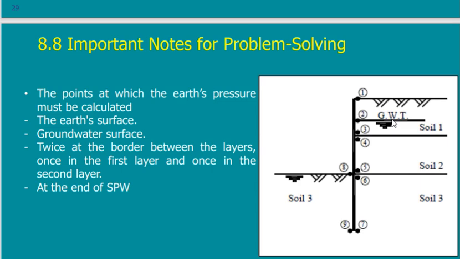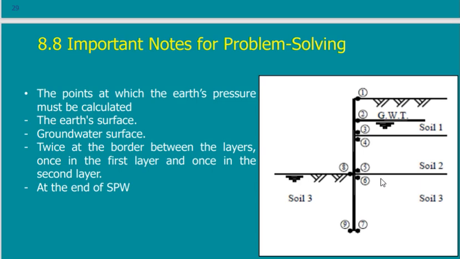So because of the change in the level of the groundwater, I will have to calculate water separately. If you have the same water level on both sides, ignore it, because whether you put it or not, it will be the same.